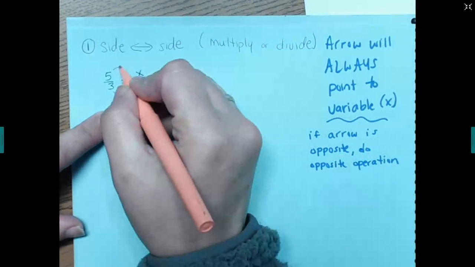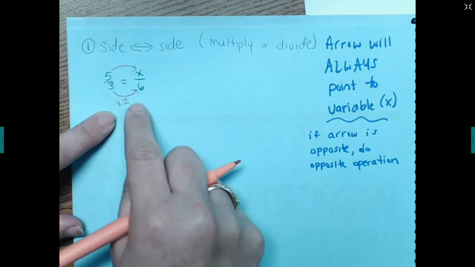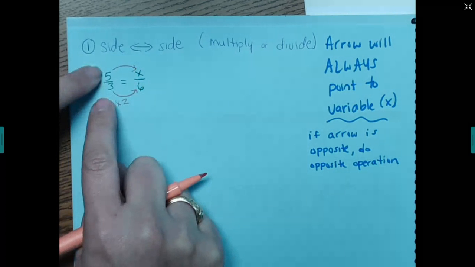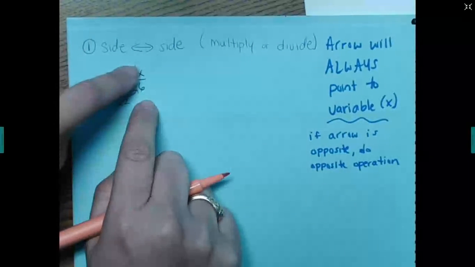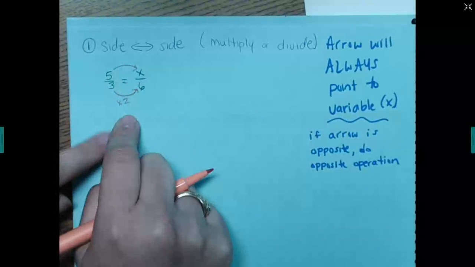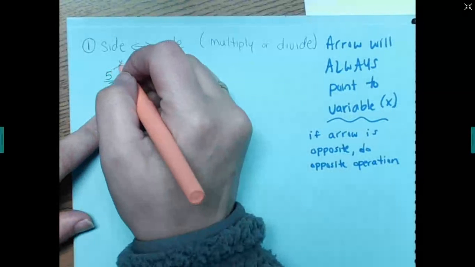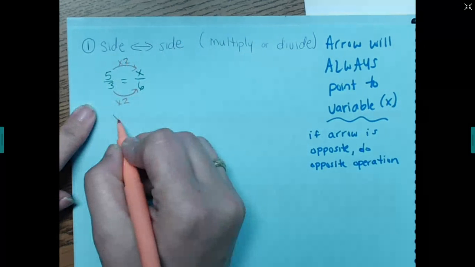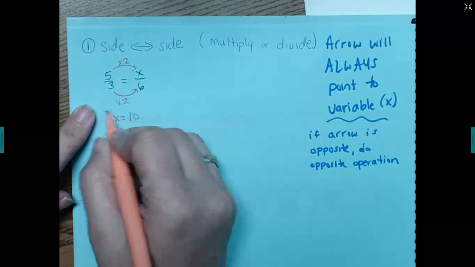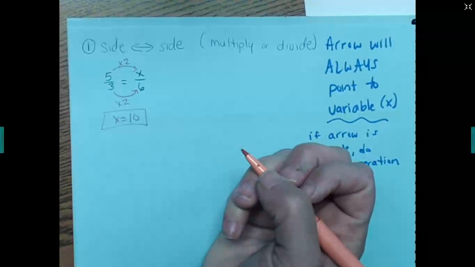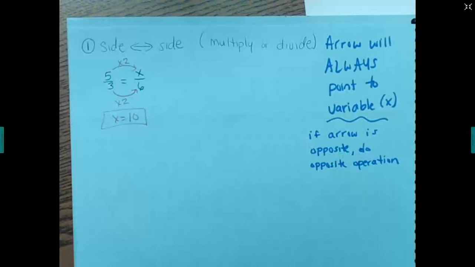Do you see how my arrows are both going from left to right? That means they're going the same direction, so I'm doing the exact same thing, which is times 2. So then x equals 10. Pretty easy.